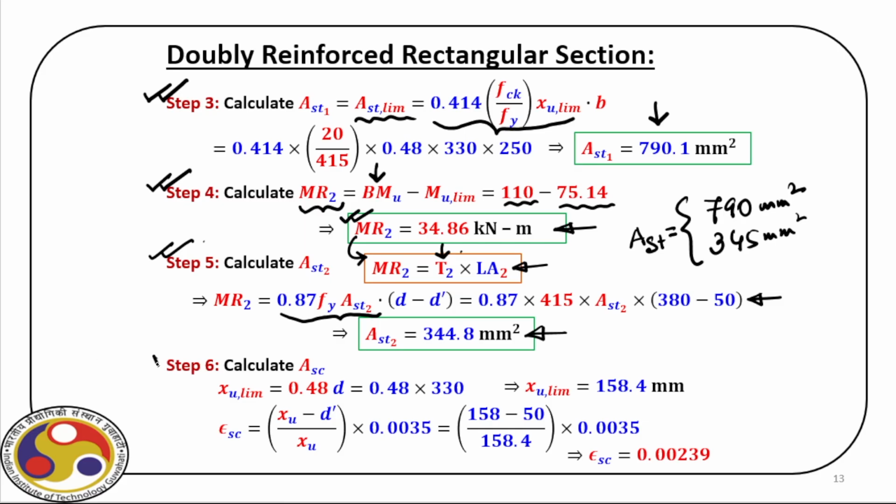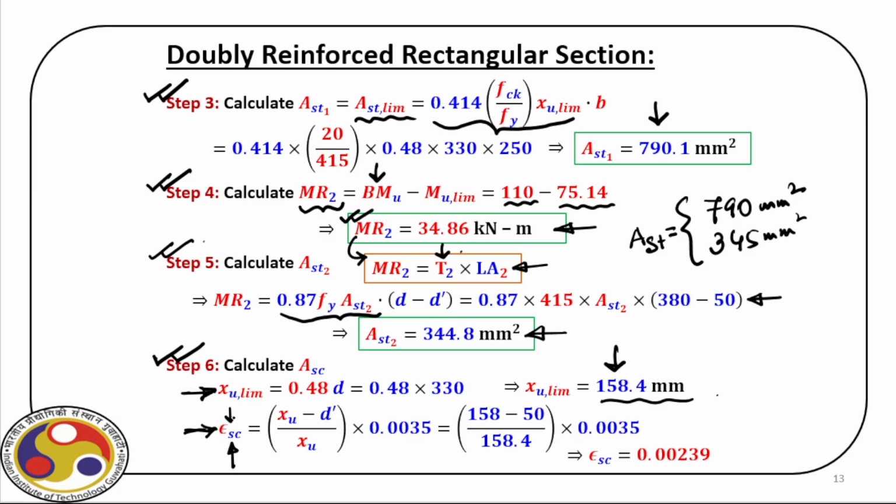Then what we have to figure out is the amount of steel in the compression zone, and for that, first we find out XU limit. That is the first task. In our case, XU limit is 158.4 millimeter. Then we find out the respective strain in the compression zone. So epsilon SC, that is the strain in the steel in the compression zone.